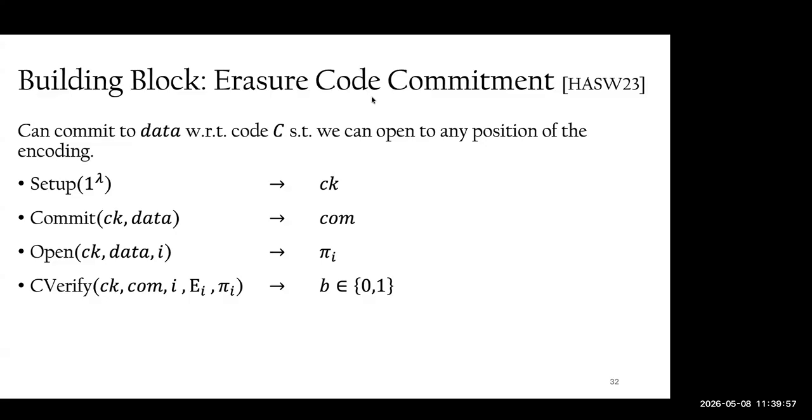The number n is actually flexible, but the length of the data, k, is implicit. For example, when I do KZG, the maximum degree is the data length that I can commit to. I'm not defining it completely formally here, but there are some parameters that you use to parameterize this. Good question. Any more questions?